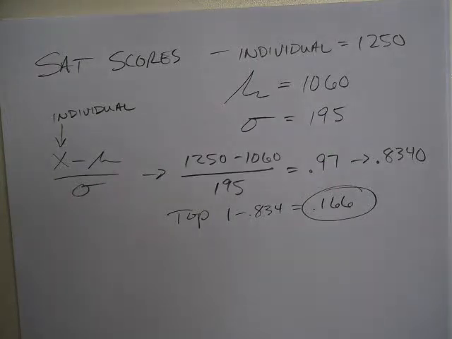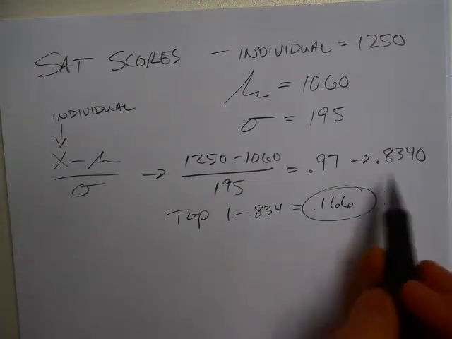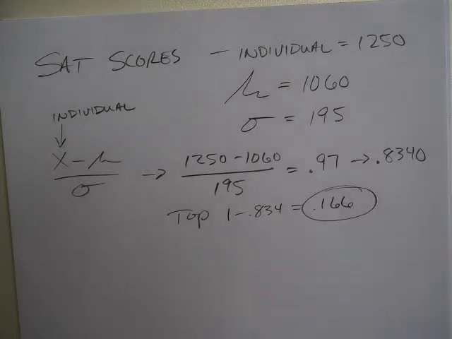Now, let's change the question. Let's say we want to know what's the likelihood that a randomly selected group of 5 will have an average of 1250 or more. Do you think that's going to be higher or lower than this?